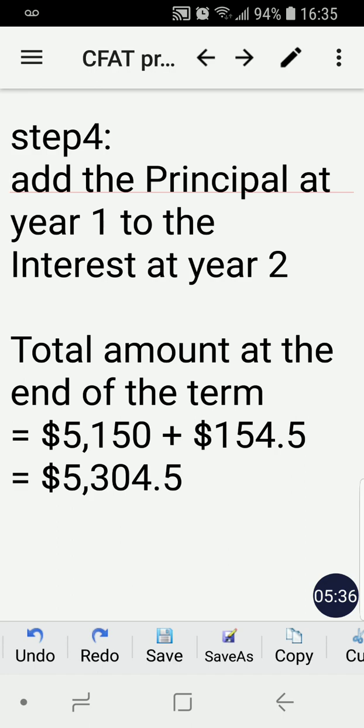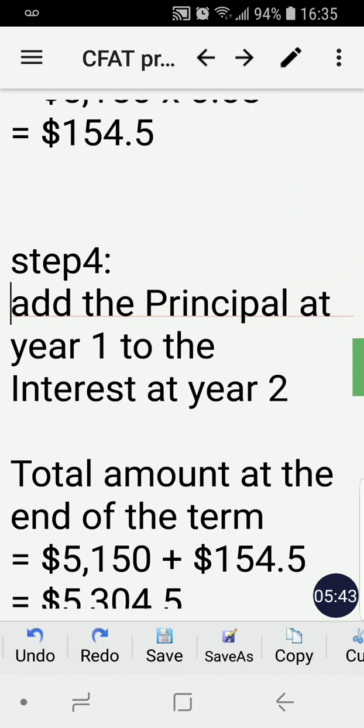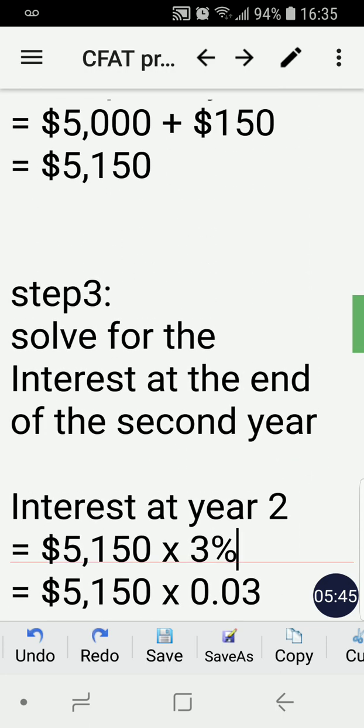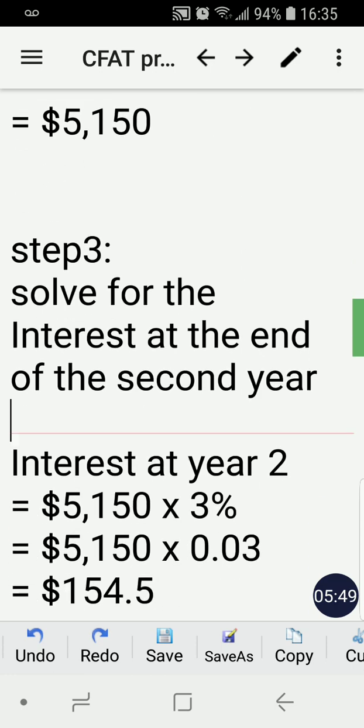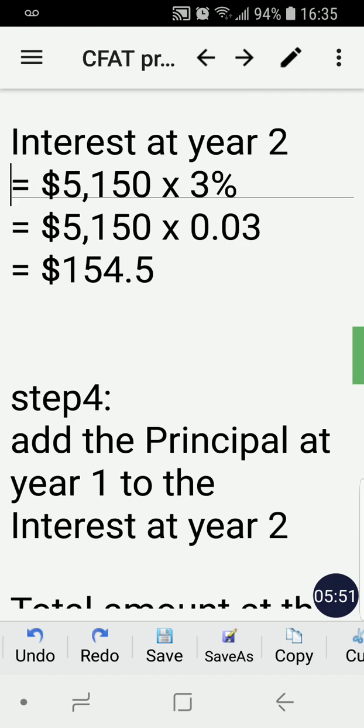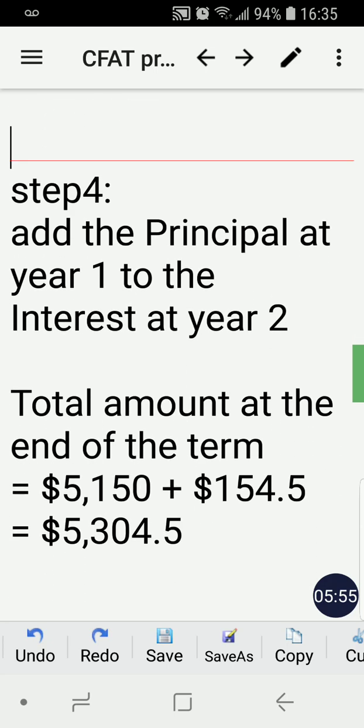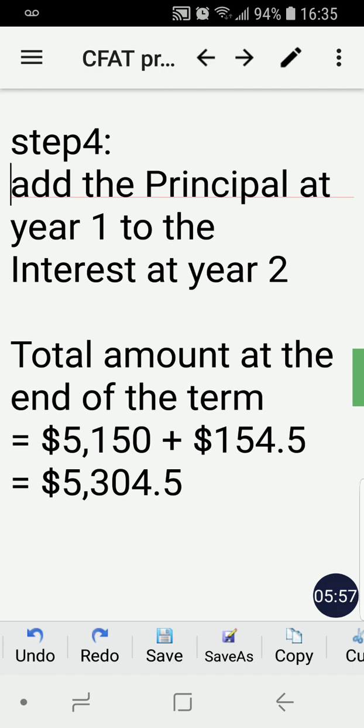Step 4, the last step, is to add the principal at year 1 to the interest at year 2 in order to get the total amount at the end of the term. So we add 5,150 to 154.5, and now we get 5,304.5.